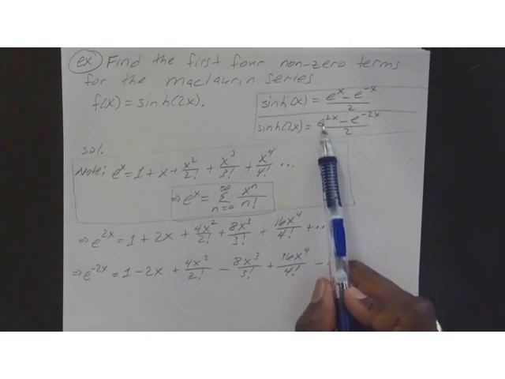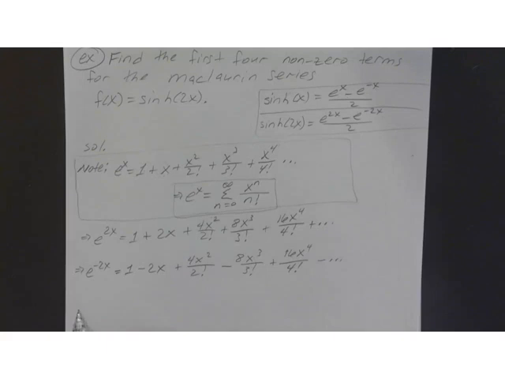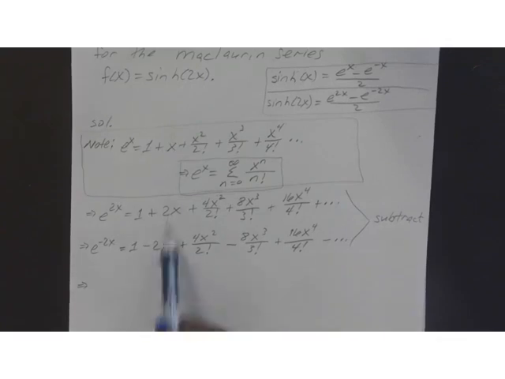So if we want to find e to the power of 2x minus e to the power of negative 2x, then we just have to get these two and subtract them. And you can do it vertically if you want to, or you can expand them horizontally, completely up to you.